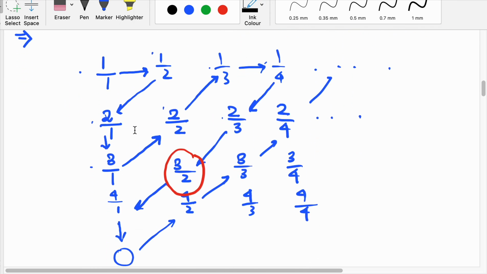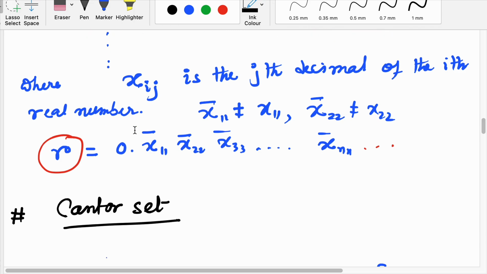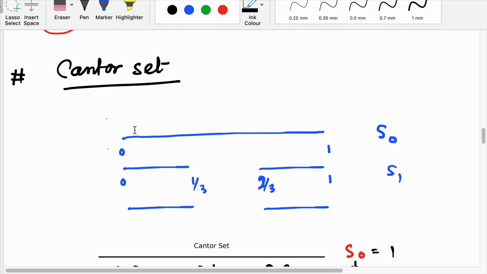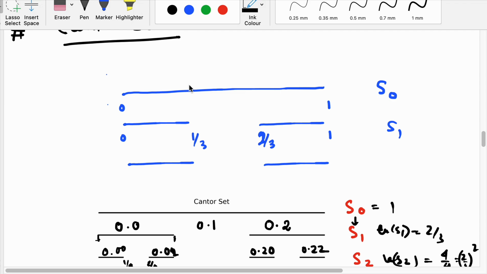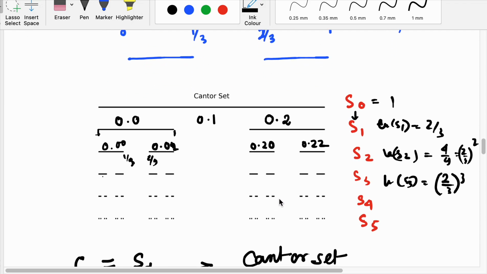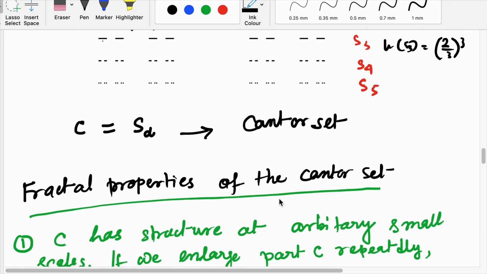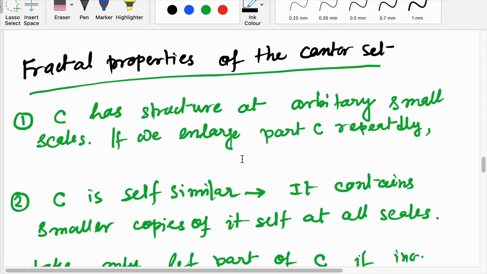And then we have seen an example of a Cantor set, where we create the Cantor set by removing the one-third part, and if I continuously do this up to infinity, we get the Cantor set. The Cantor set is the simplest kind of fractal, and it holds some properties of fractals. So that is basically the definition of fractals.